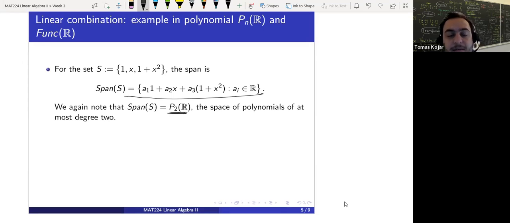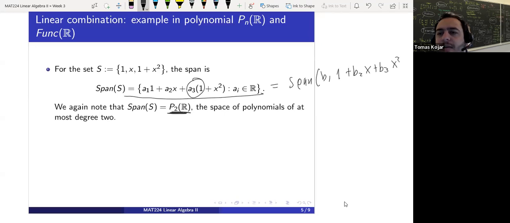The answer is yes, and we get P2(R). And why is that? Because we can absorb this 1. So we can also write this as the span of b1·1, b2·x, and b3·x squared, which is just P2(R).